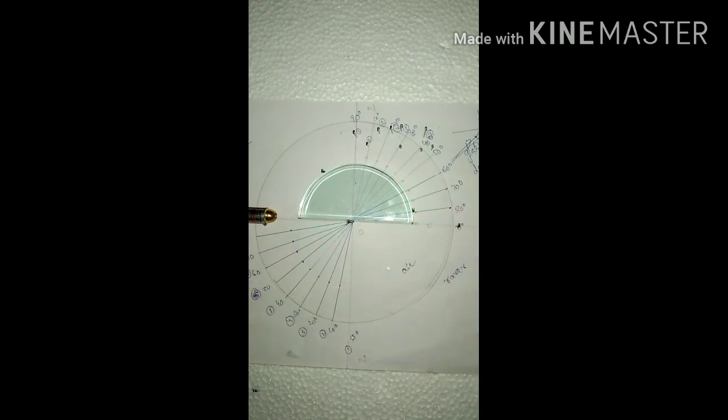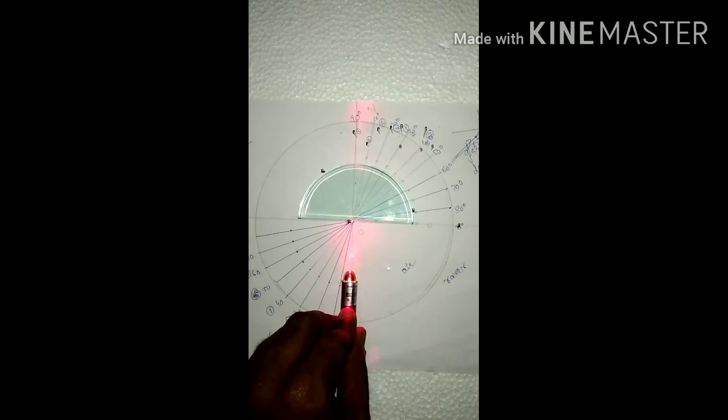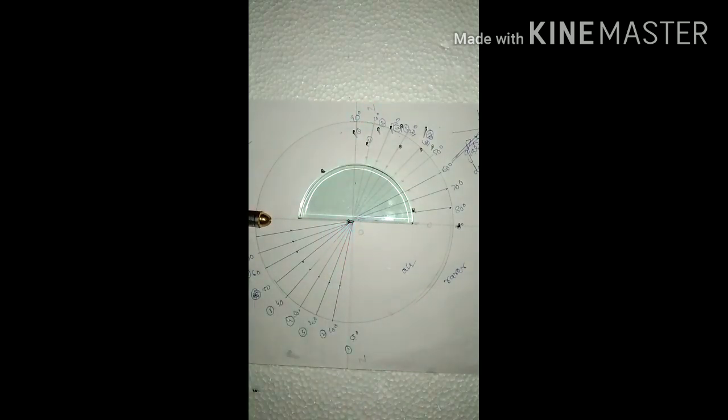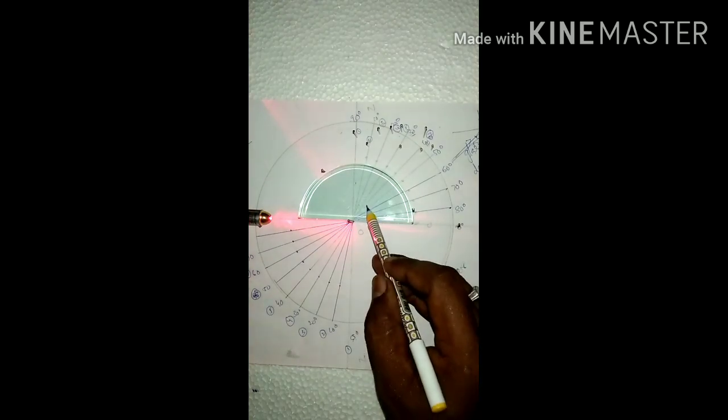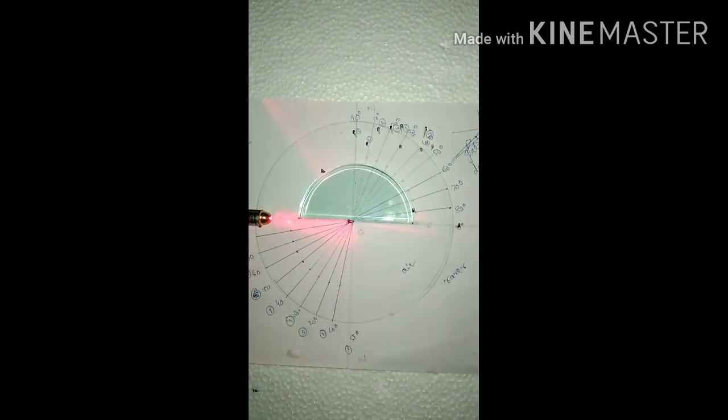If you observe in two cases, that is, if the light ray strikes the interface at an angle of 90 degrees, or if the light ray travels along the interface, touching both air and glass, in these two cases, light ray does not deviate from its path.